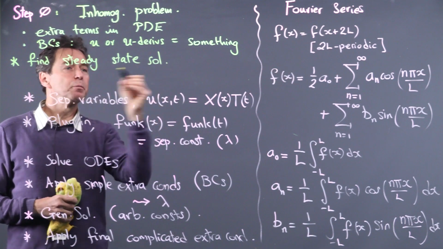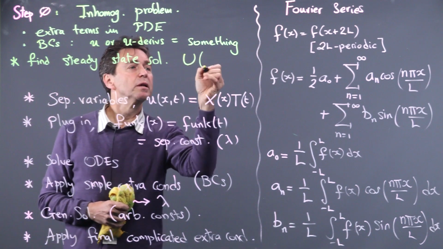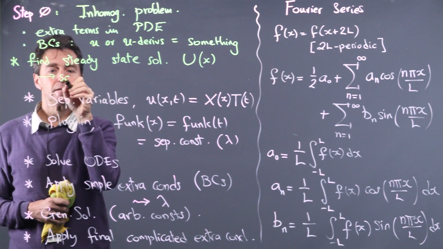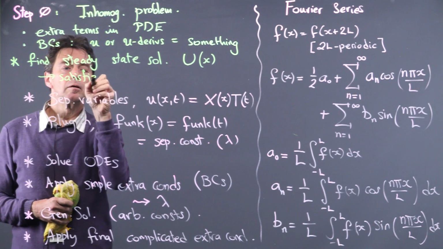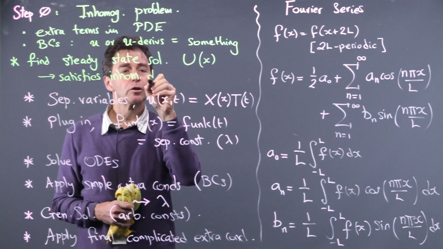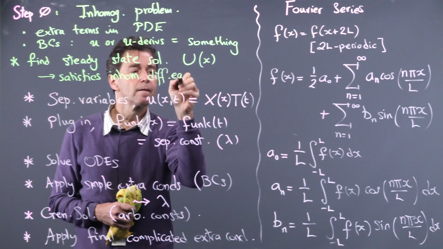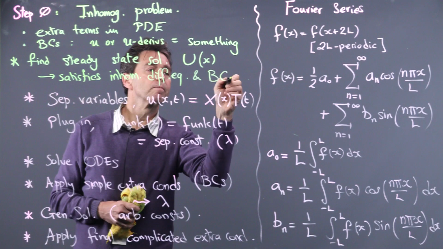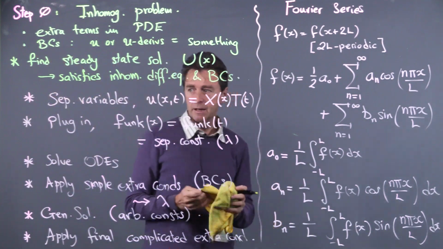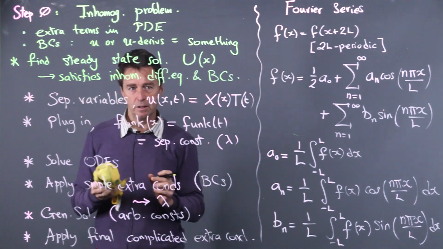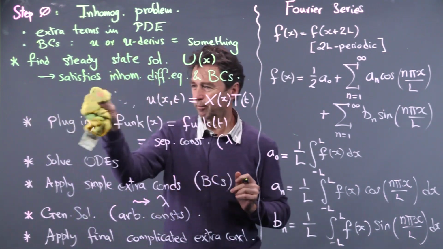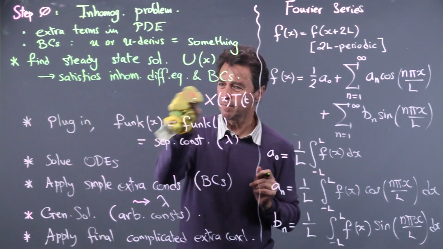So that means it's independent of time, so let's call it big U of x, and it satisfies the inhomogeneous differential equation and boundary conditions. And once we have that, we can sort of go through this thing again. There's a slight difference, however, which is that I have to split the solution up into two parts.